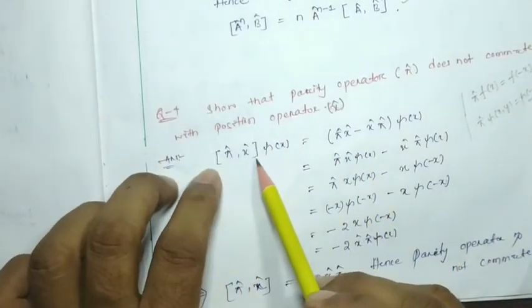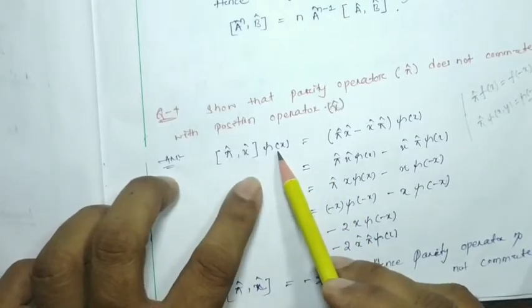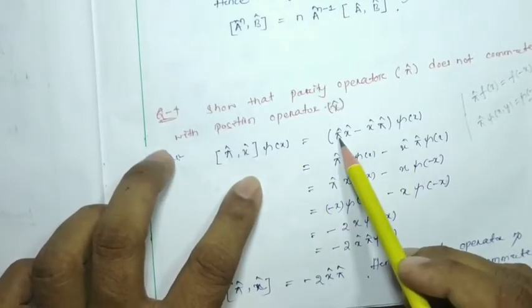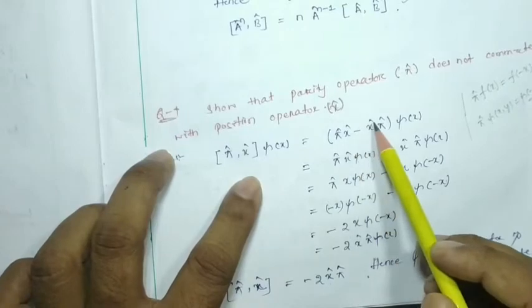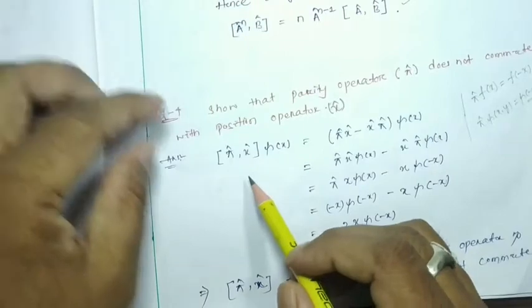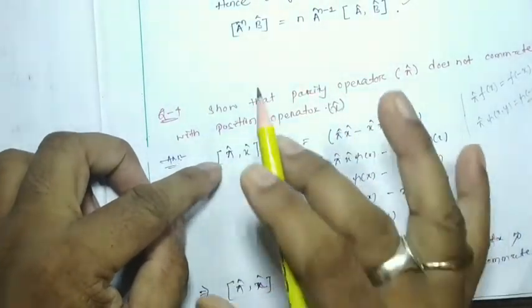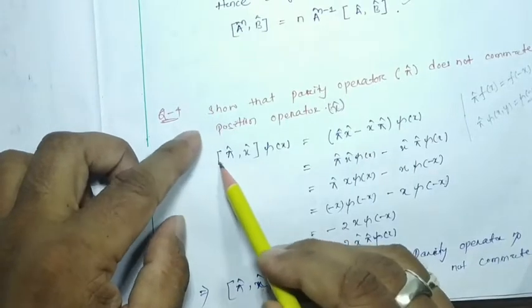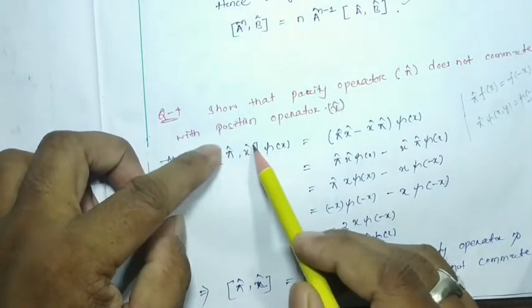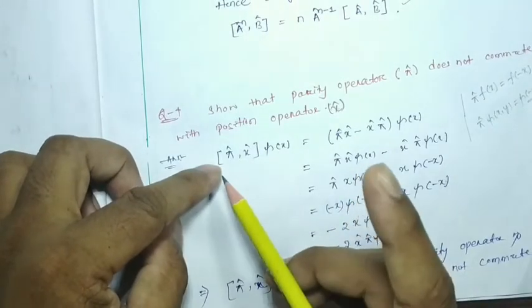Okay, so [pi cap, x cap] commutation operated over psi(x) will be pi cap x cap minus x cap pi cap. Another thing I want to suggest to you: this bracket is representing some physical phenomenon. This is a square bracket, and the square bracket represents the commutation, right?